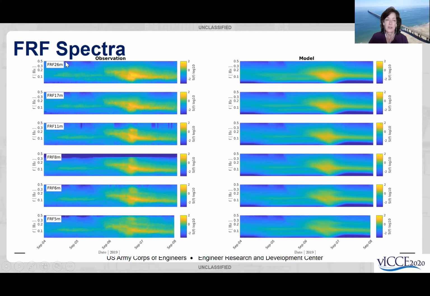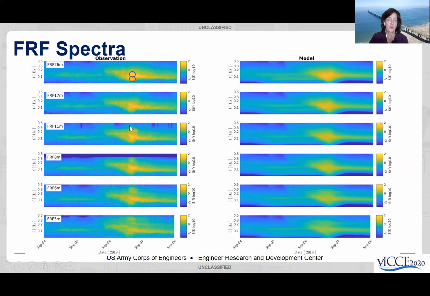Now we've got the 26 meter, the deeper gauge on the top, shallower gauge at the bottom. Right as the peak is going by, we see that we've got some pretty significant swell energy, and this is coming from the southeast. And then we have a more intense wind sea locally generated that's coming from near the north. The model captures both peaks, but it's not as obvious. They're not as distinct in the model.